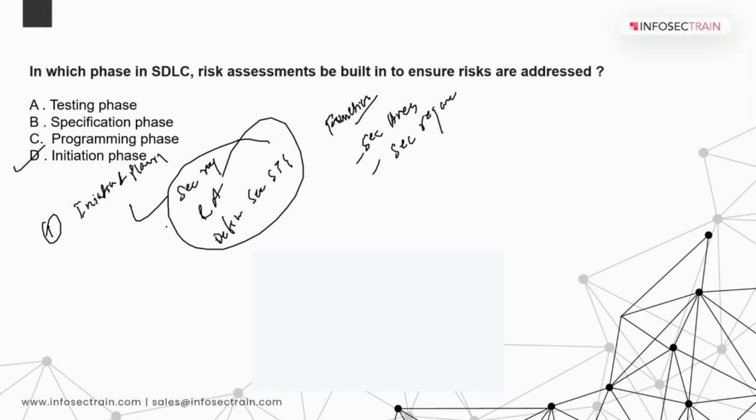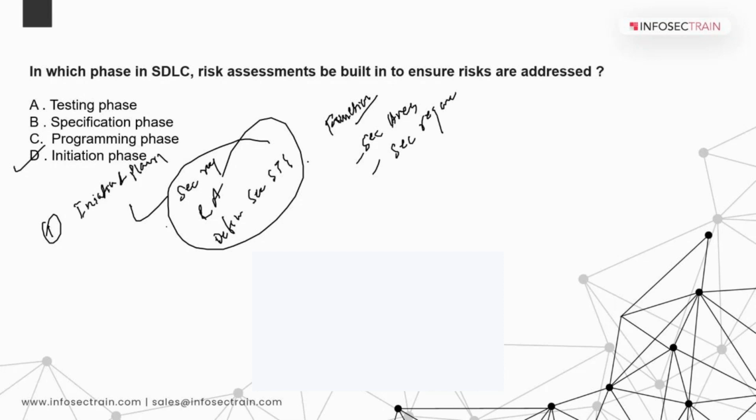Now here we are trying to find out what is the security requirement. Here we are establishing. See, only the words are the problem. If establishing, you have to refer to the functional requirement, and if you are determining or finding, you have to refer to your project initiation plan.